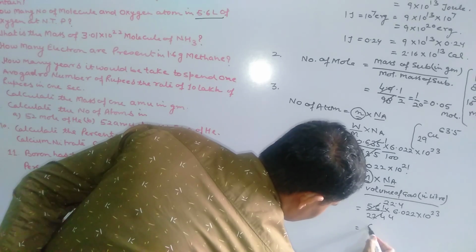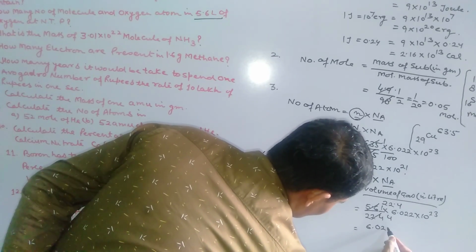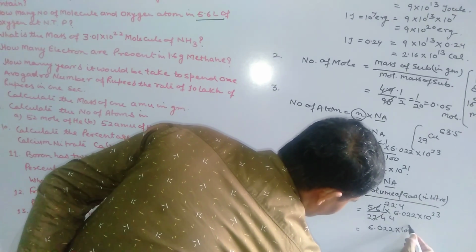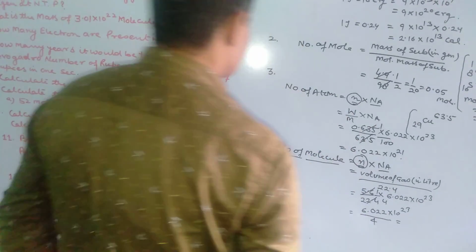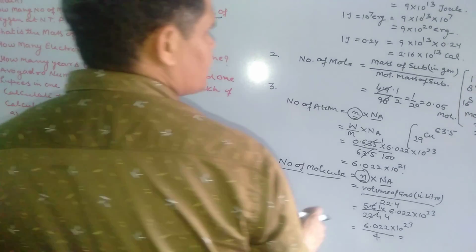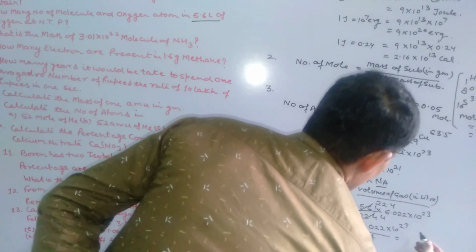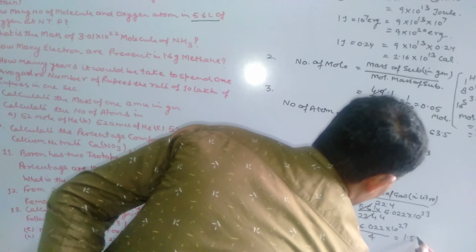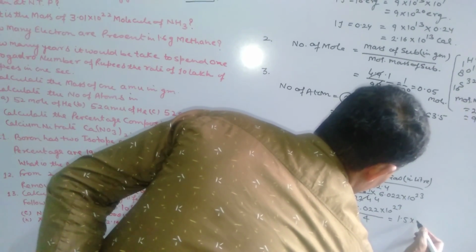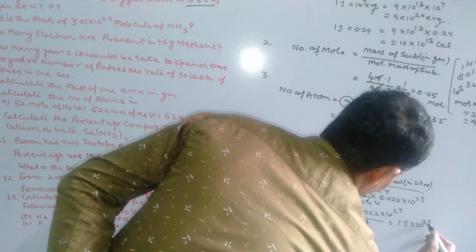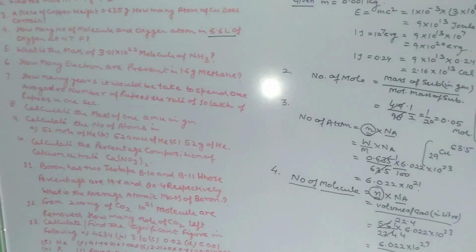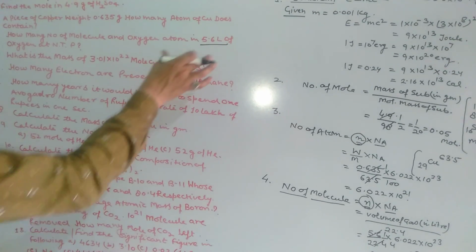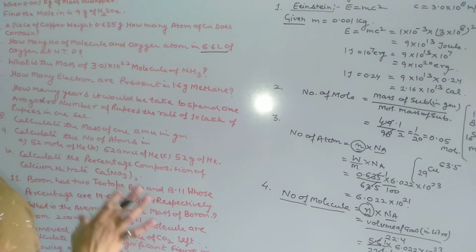Hence, 6.022 into 10 to the power 23 upon 4, and the value is 1.5 into 10 to the power 23. These are the number of molecules in 5.6 liter of oxygen.